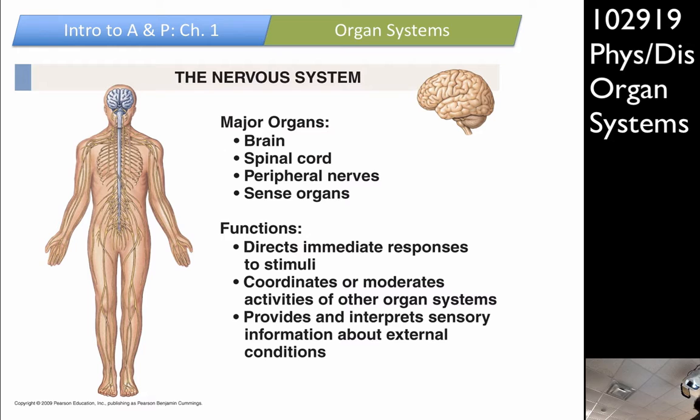So the central nervous system functionally is able to direct immediate response, and we'll expand upon that concept later. And it can coordinate and moderate the activities of other organ systems.